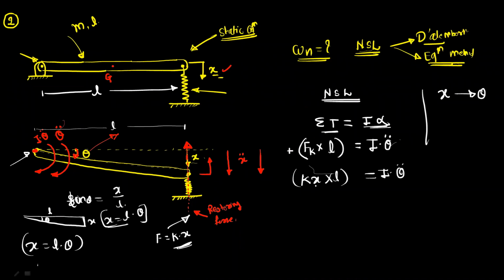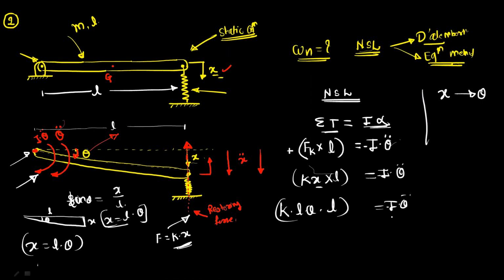So we can replace x by L theta. It becomes K, x is L theta, into L, which is equal to I theta double dot. Here, this I theta double dot, the inertia torque, is in the clockwise direction, so it is negative.